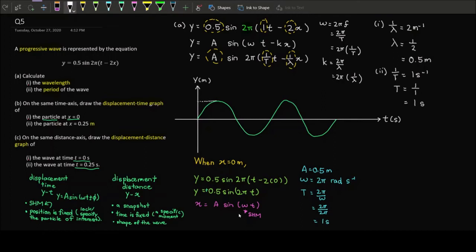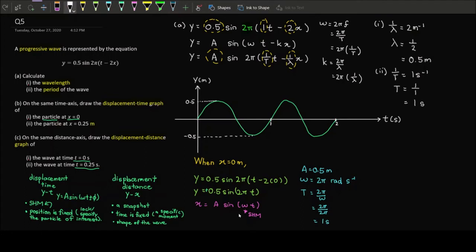You need to label the amplitude, which is 0.5 meter. We also label the opposite side, so it's negative 0.5. After that, label the period. It might feel a bit incomplete, so if you want to label 2 here as well, that is good.